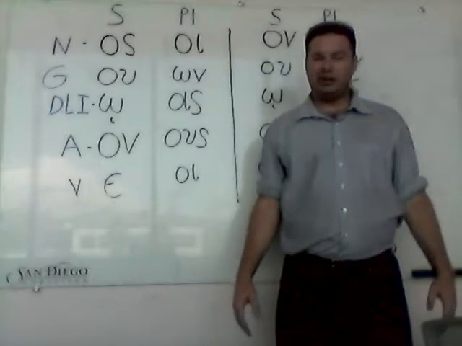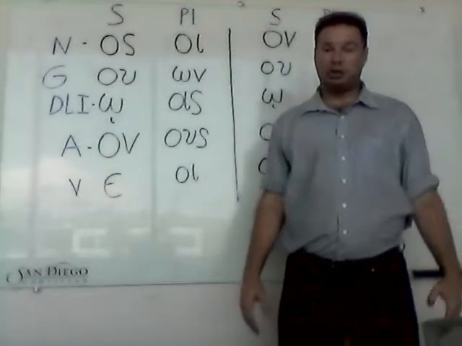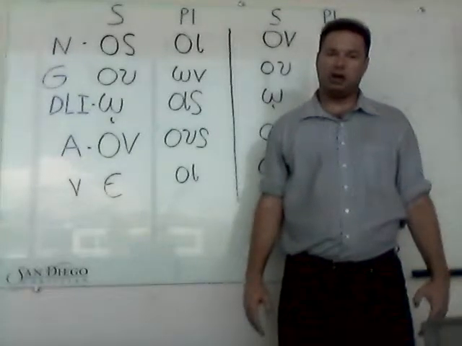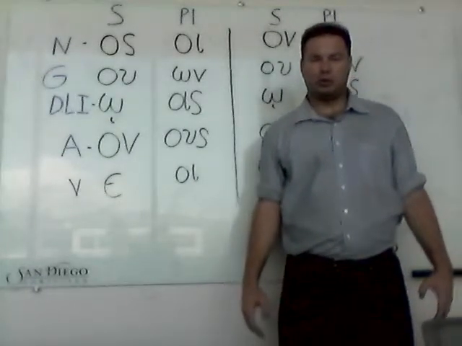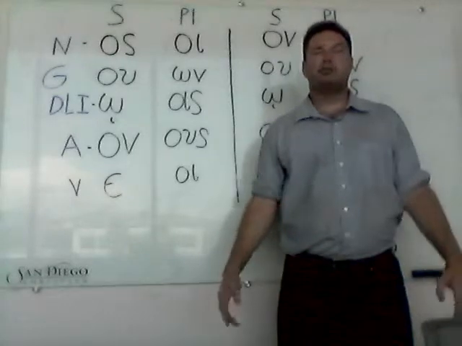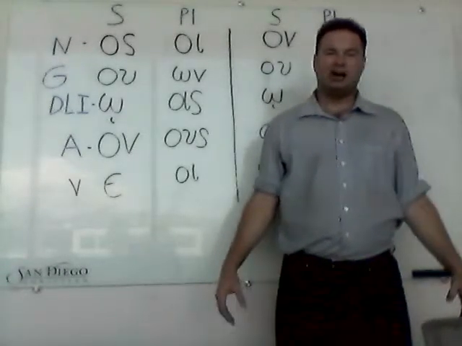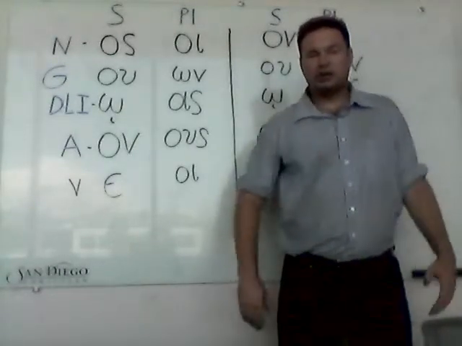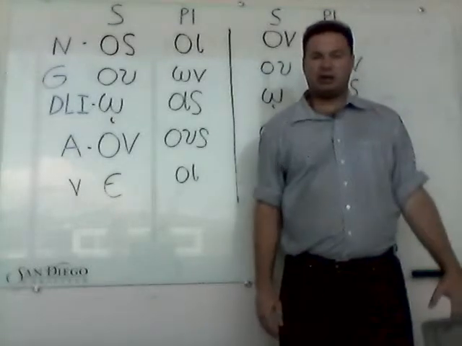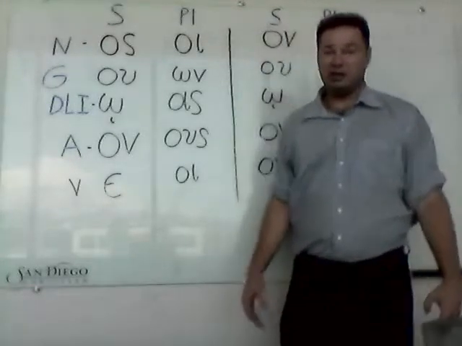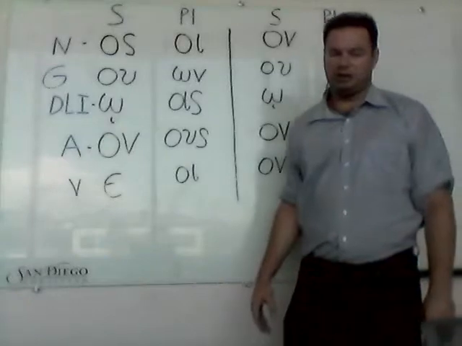If you are watching this video and you're in Greek classes that use other textbooks, like for instance, Mounce perhaps, or Wenham, or maybe a few people are still using Machen, there's any number of great Greek primers, but they may actually be working from a 5-case system, but it shouldn't be too hard to put all of this together.